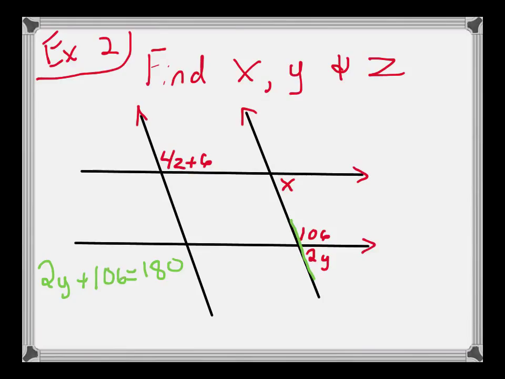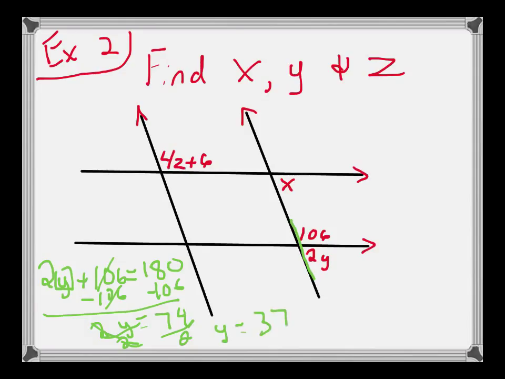Now, I can easily subtract both sides, and that gives me 74. Bring down 2y. Now we're in solving equations again. I'm not going to go into detail with that stuff. y equals 37. So I just found y.